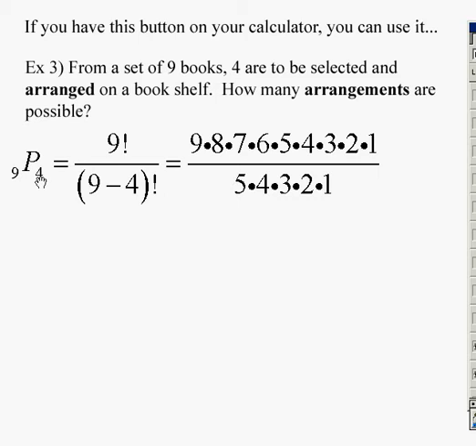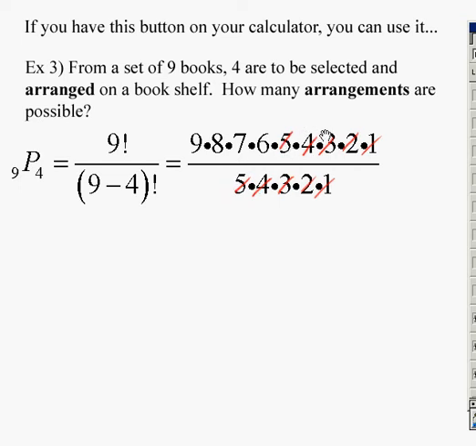Well, that's 9, and we're permutating 4 of them. So the formula is 9 factorial over 9 minus 4 factorial. Now 9 minus 4 factorial is 5 factorial, which means 5 times 4 times 3 times 2 times 1. 9 factorial again means 9 times 8 times 7 times 6 times 5 times 4 times 3 times 2 times 1. And I know that in previous lessons we stopped at the 5 factorials, but today I decided to write them all out.